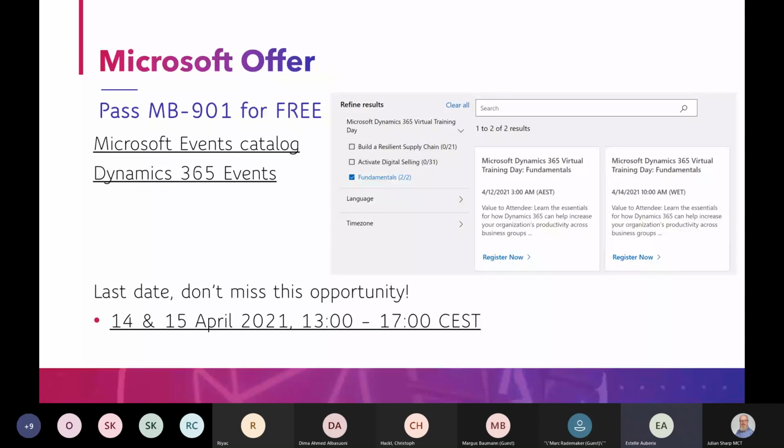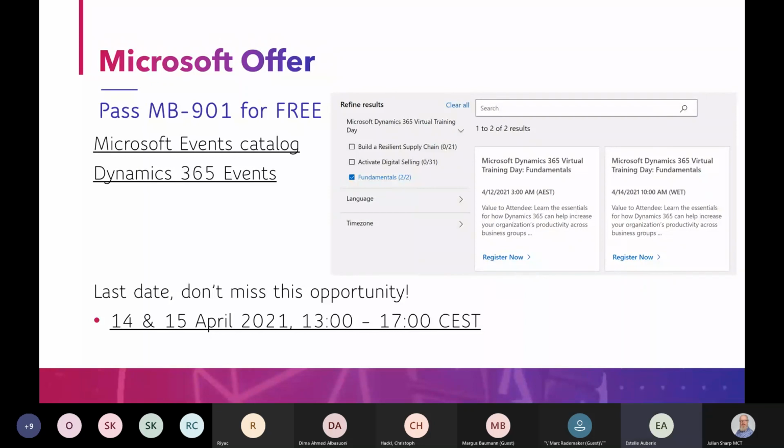It's 4 hours per day, so two afternoons. After both afternoons, you're going to have the voucher in your certification dashboard, and when you register with Pearson, you're going to have your voucher. But this is the last opportunity, and I really bet there won't be others, because Microsoft is going to retire this exam.